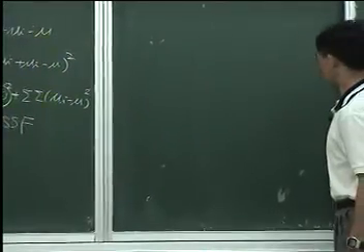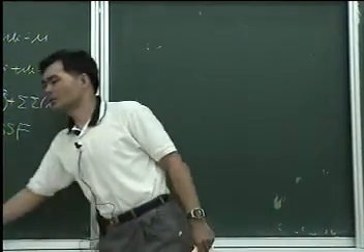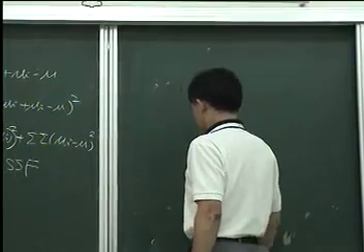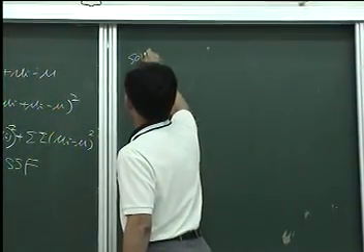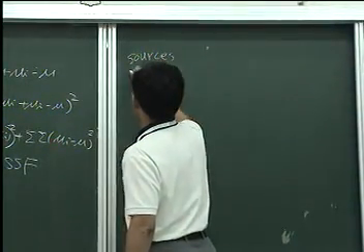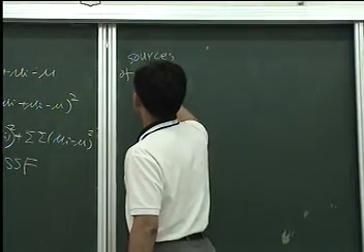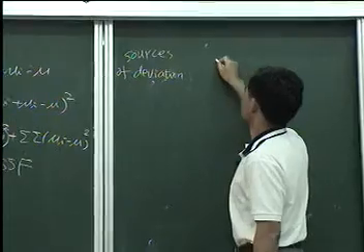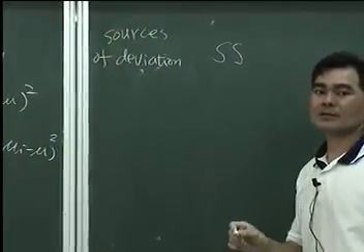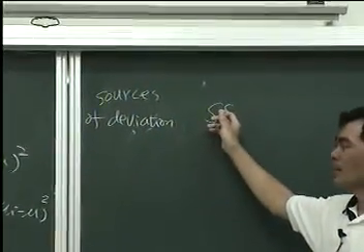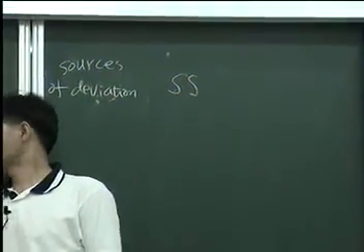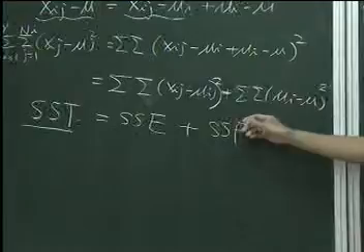When you work on the problem, the best thing is to get the whole table here. The first column is the sources of deviation. The second one is SS, called sum of square. For sum of square, we have three: sum of square total, sum of square error, and sum of square due to factor.